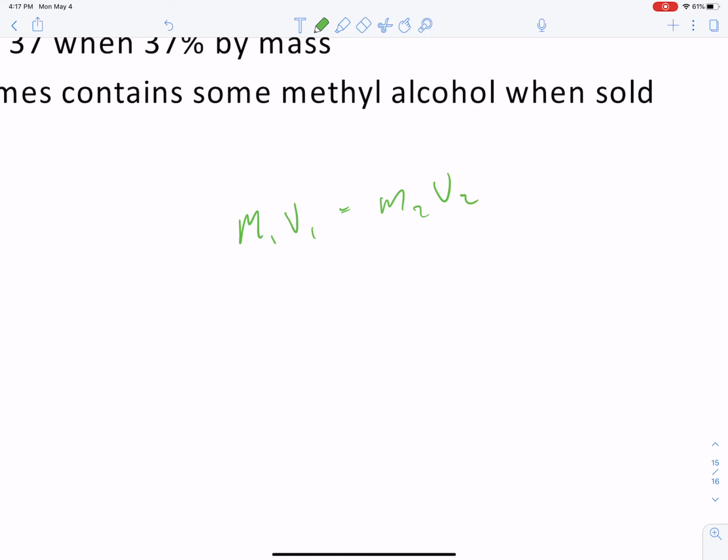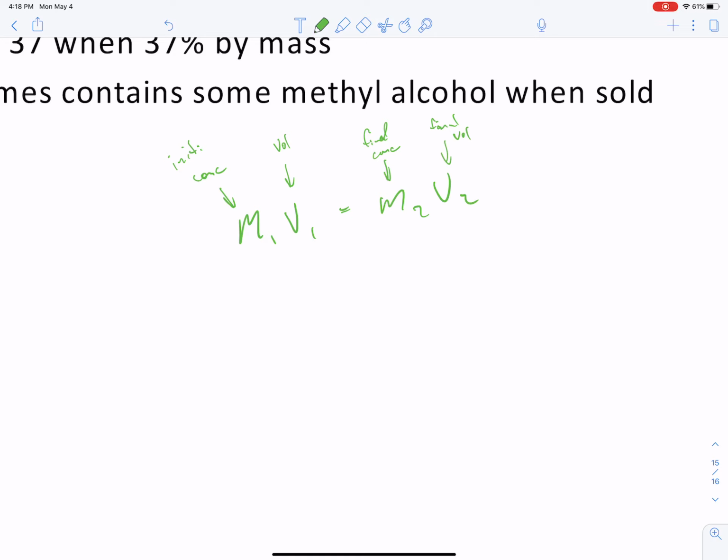M is your concentration, V is your volume, okay? Your initial concentration is typically your M1, and your M2 is your final concentration in your final volume.